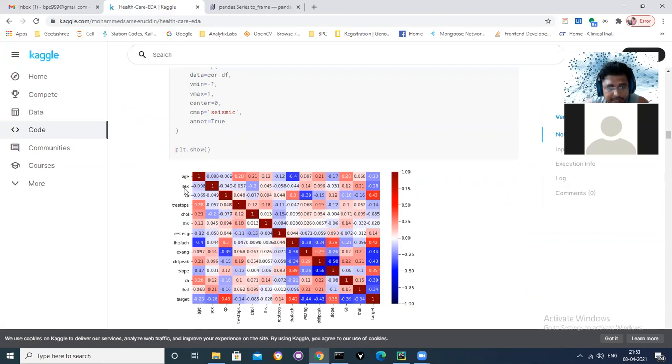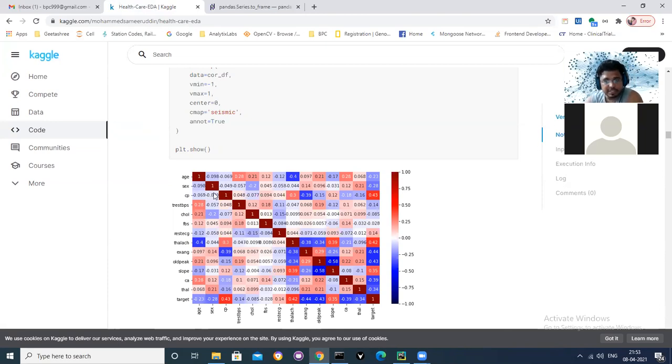So with respect to age, how is sex correlated? There is a slight negative correlation, minus 0.098. That means with age, sex declines slowly.